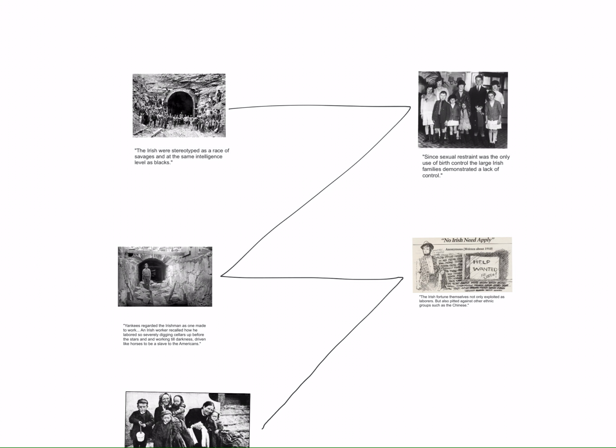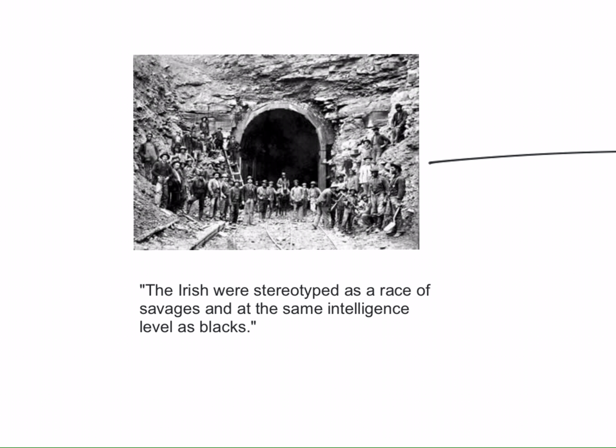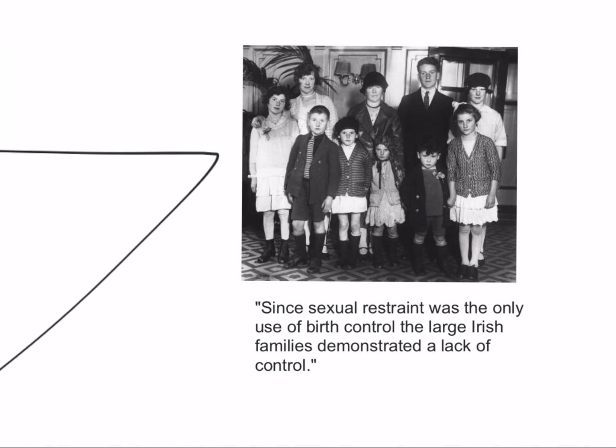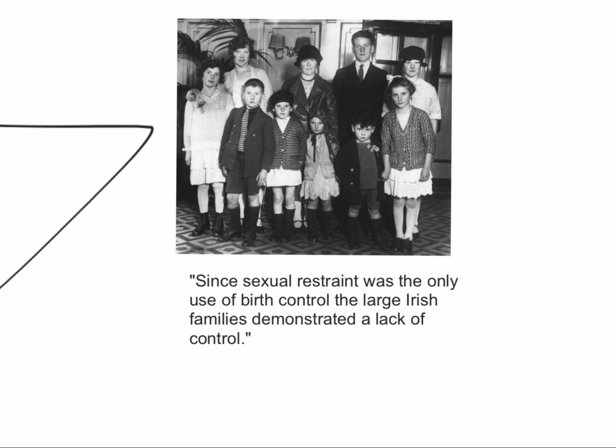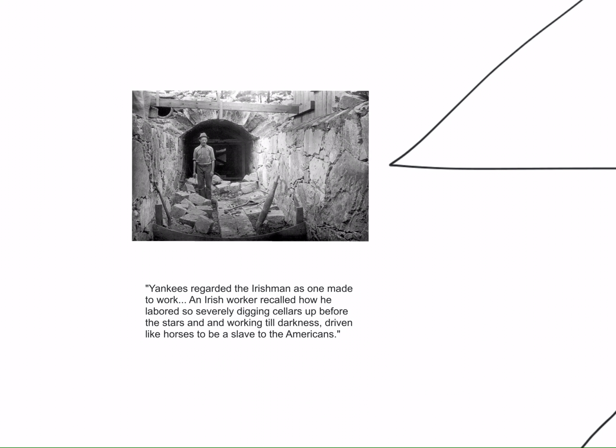The Irish found themselves struggling to become American in several different ways. One example would be they were stereotyped as a race of savages and at the same intelligence level as blacks. Another example would be, since sexual restraint was the only use of birth control, the large Irish families demonstrated a lack of control. The Irish also found themselves exploited as workers as they were seen to be slaves to American labor.